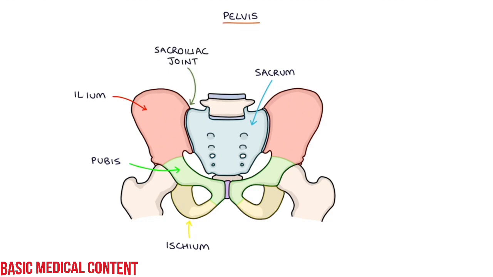On either side at the front of the pelvis is the pubis bones. The pubis bones join in the centre at the pubic symphysis. Inferiorly, there is the ischium. The socket of the hip joint is called the acetabulum, and this is located at the point where all 3 bones of the pelvis meet together.